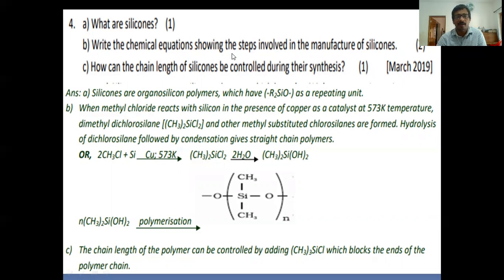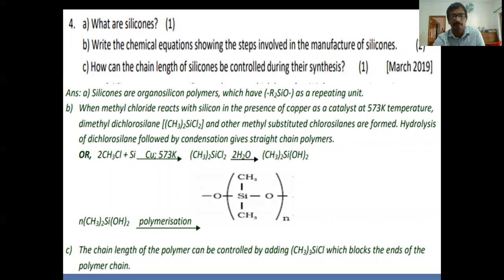Write the chemical equation showing the steps involved in the manufacture of silicones. Here you have to remember methyl chloride or alkyl chloride, when treated with silicon, you will get different types of compounds. Out of these, you select dialkyl silicon chloride or dimethyl silicon chloride.